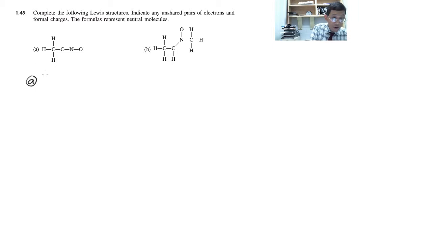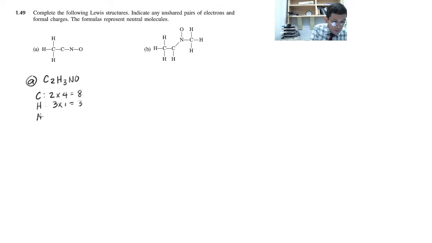So the formula for A is C2H3NO. We start with the valence electrons. Carbons, you have 2 carbons, each one is 4. Next is hydrogens. We have 3 hydrogens, each one is 1, so 3.